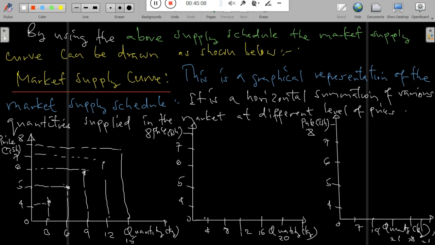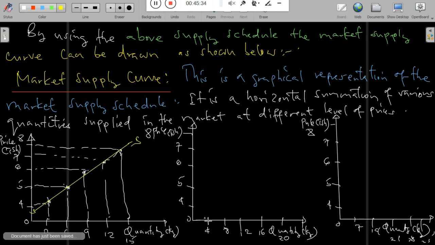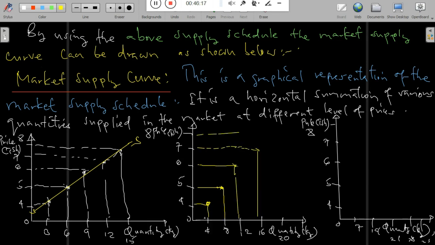When you draw the supply curve, it appears to be going upward like that. The first graph is for firm A, and the second graph we are sketching over here. The same applies: the supply curve moves upward, as you can observe.